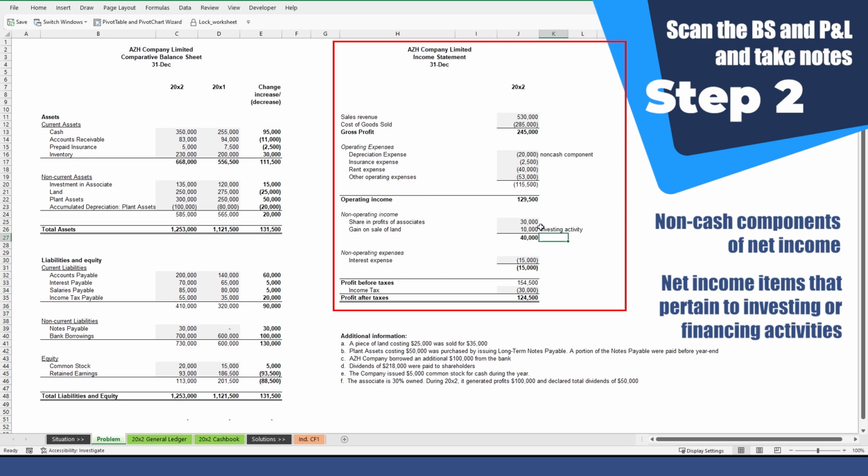We have share of profits of associates, which is also an investing activity. And lastly, we have interest expense that we have to take note of because we will be converting this to interest paid later in the cash flows.